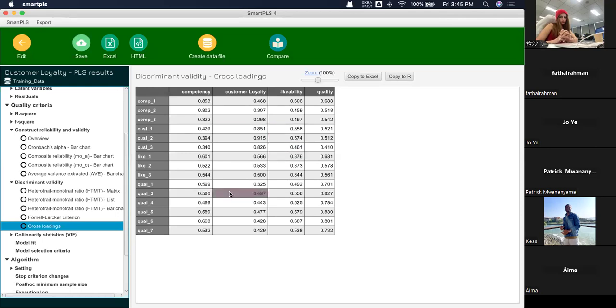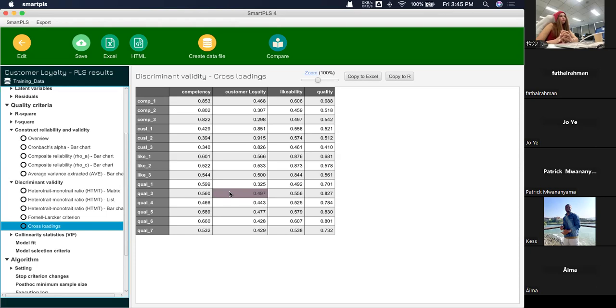So cross-loading is simply telling me that my indicators should be highly loaded on the construct they've been designed to measure, and should not be significantly loaded on the constructs they've not been designed to measure. If your indicators are highly loaded on what you've not designed them to load on, then your questions were not measuring the construct you intended to measure. And that is where your instrumentation comes in.